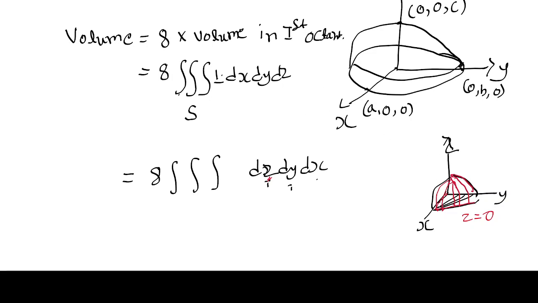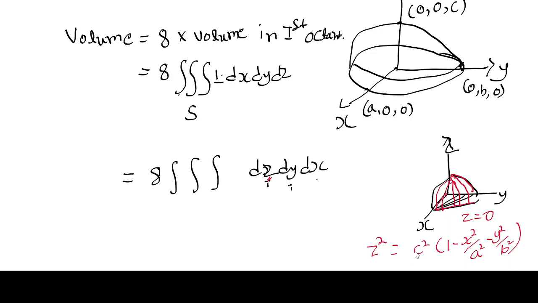On the ellipsoid, z square is given by c square into 1 minus x square by a square minus y square by b square. So z will be c into the square root of these terms.